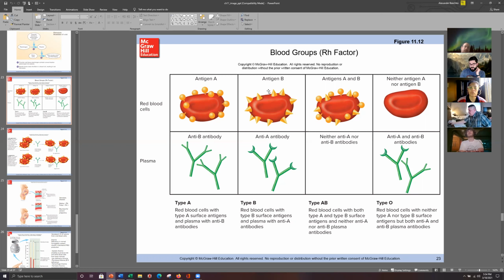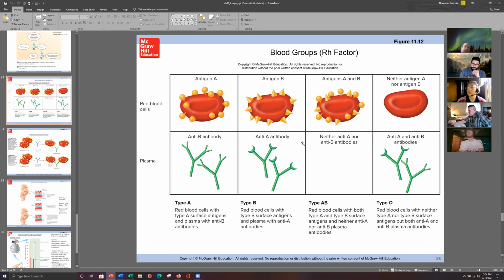But type A and type B will produce the corresponding antibodies that will fight against that, right? So if you have type A blood, like myself, then you produce anti-B antibodies. So if you get a transfusion from somebody who has type B blood, your immune system will attack those type B red blood cells, causing something called an agglutination reaction.